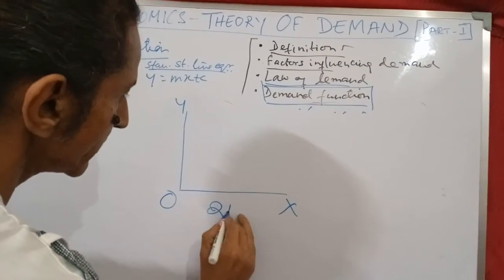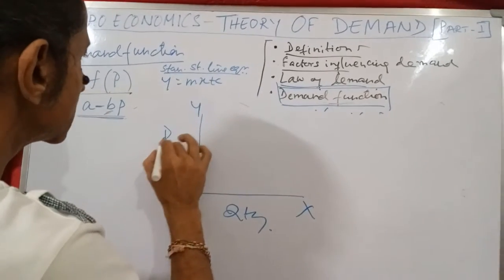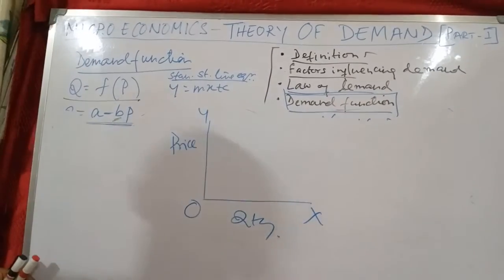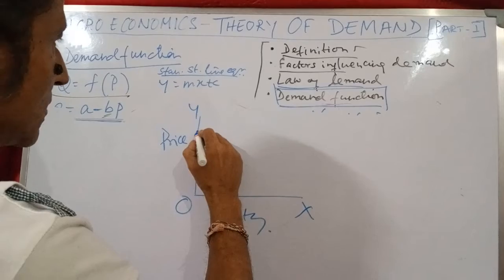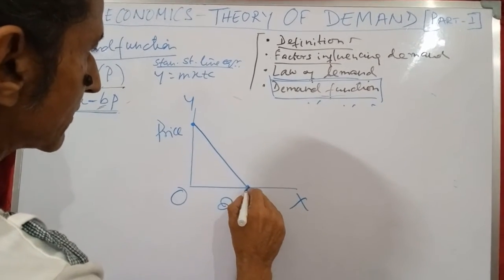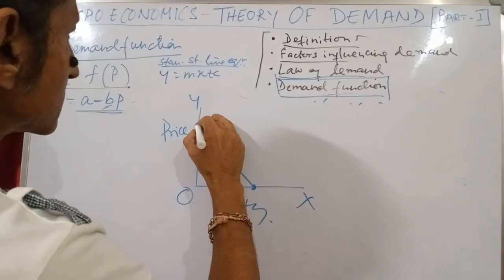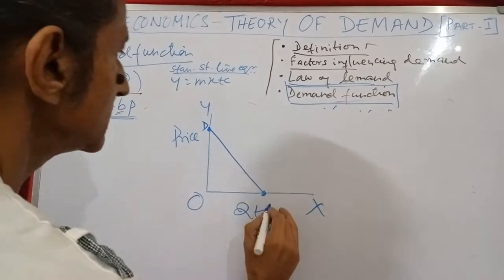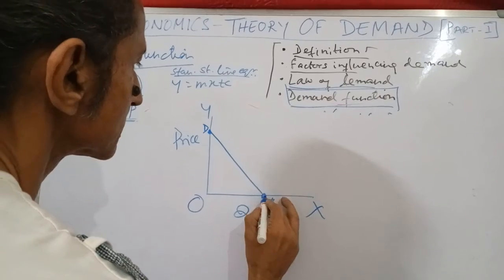On the x-axis we measure quantity and on the y-axis we measure price. Now suppose this is the demand curve, D dash.